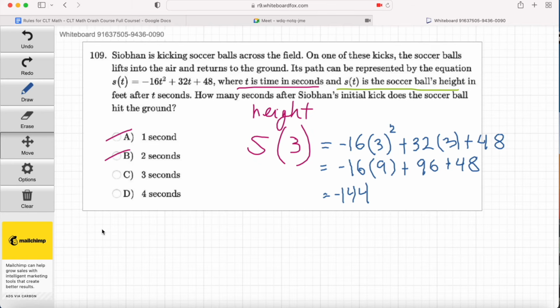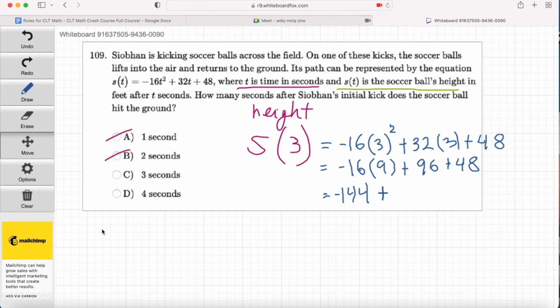Now, you may not know what 96 plus 48 is. That's okay. You know what 100 plus 48 is, right? What's 100 plus 48? 148. And it's just going to be 4 less than that, isn't it? Because 96 is 4 less than 100. You know what I'm saying? Does that make any sense? I think it does.